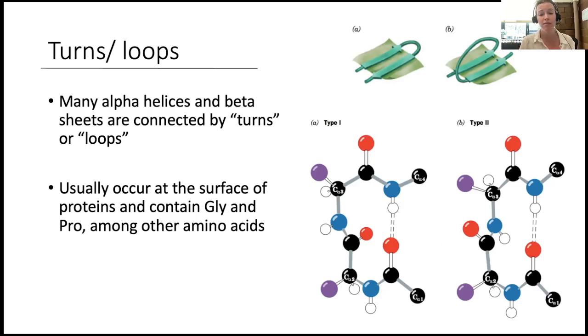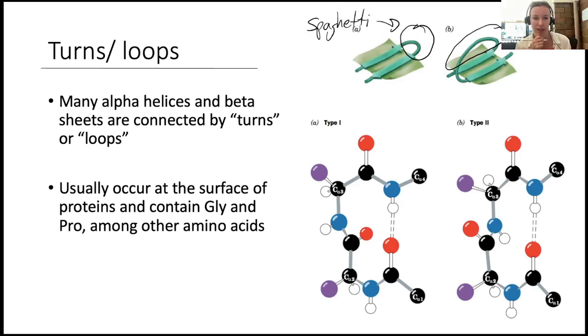The final type of secondary structure, folks, is called a turn or a loop. So a turn or a loop is going to connect portions of alpha helices to each other, or connect portions of beta sheets to each other, or connect an alpha helix to a beta sheet. You really think of them as these little spaghetti bits in the cartoon.